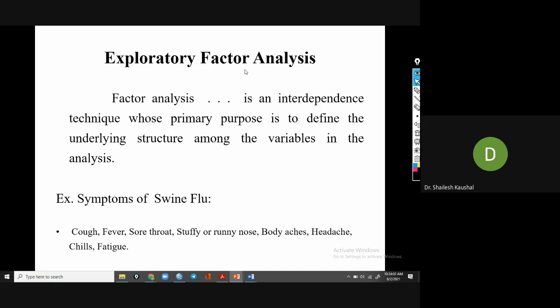If I simply say I have a cough, the doctor cannot confirm swine flu from one symptom unless I tell some more symptoms. Same as in exploratory factor analysis, we identify the underlying structure of the particular phenomenon.